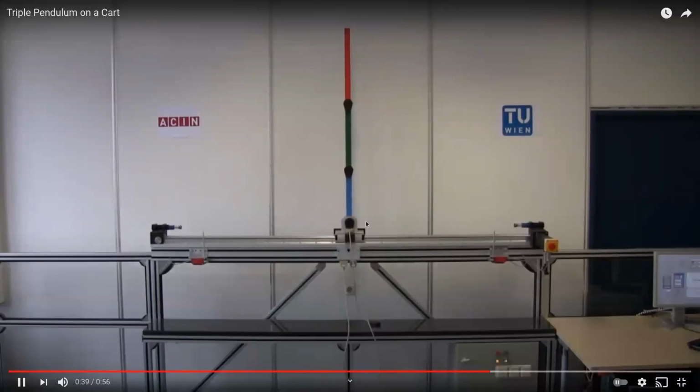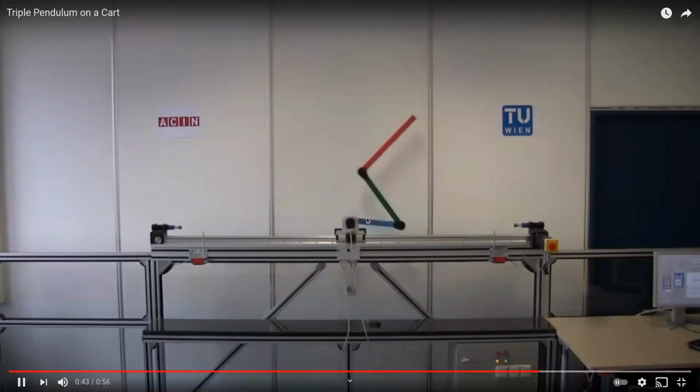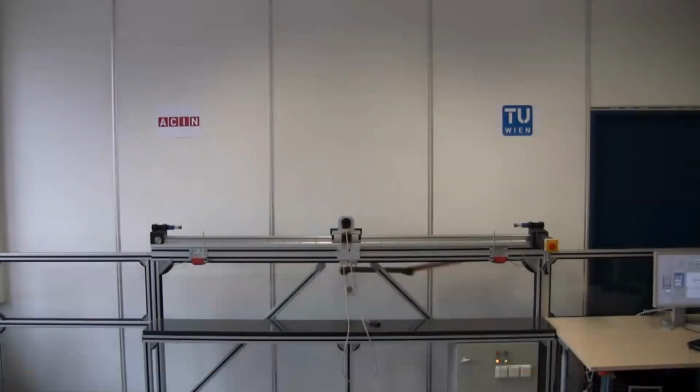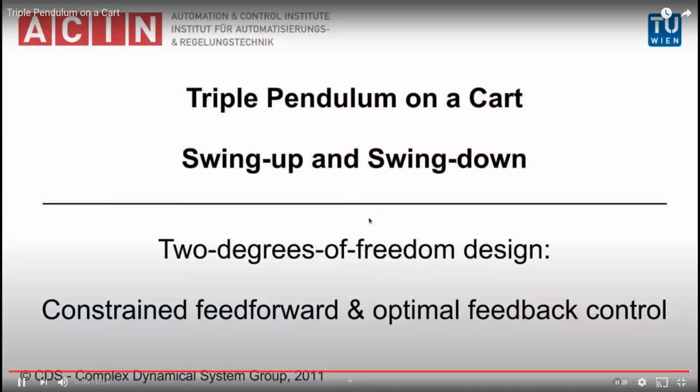This is quite a challenging problem, and it's not as easy as it might seem. But it's nevertheless an example of a feedback control problem.